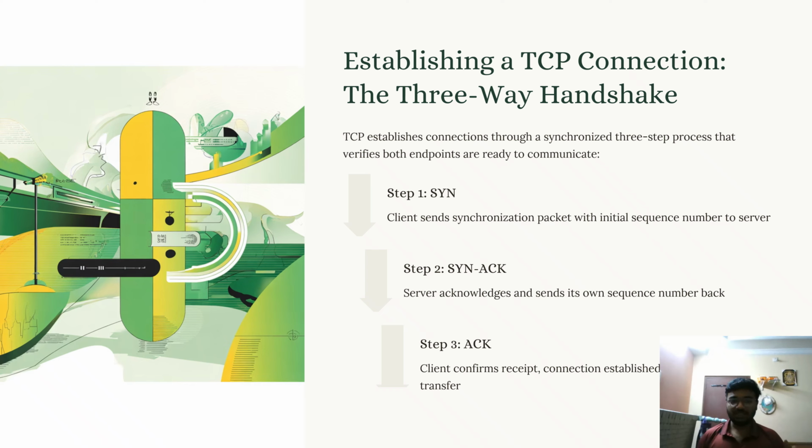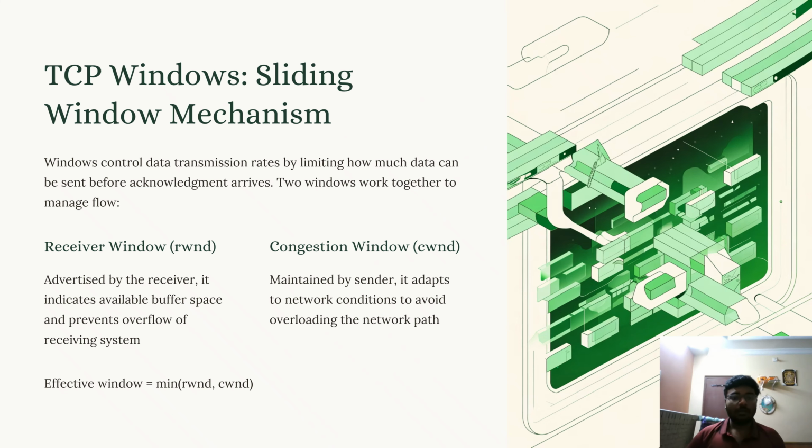Once the handshake completes, data transfer can begin. This process prevents miscommunication and makes sure both sides understand each other, leading to a smooth connection every time. TCP windows, sliding window mechanism.